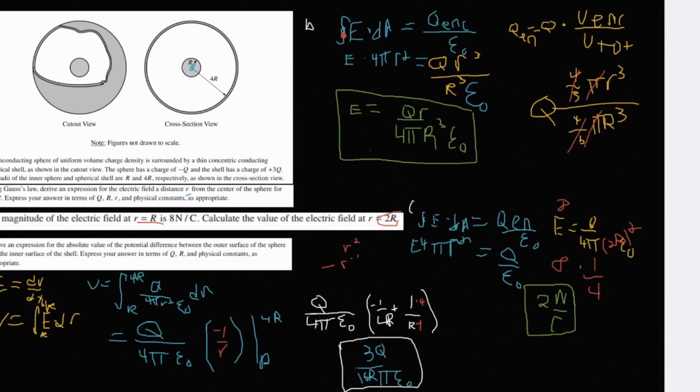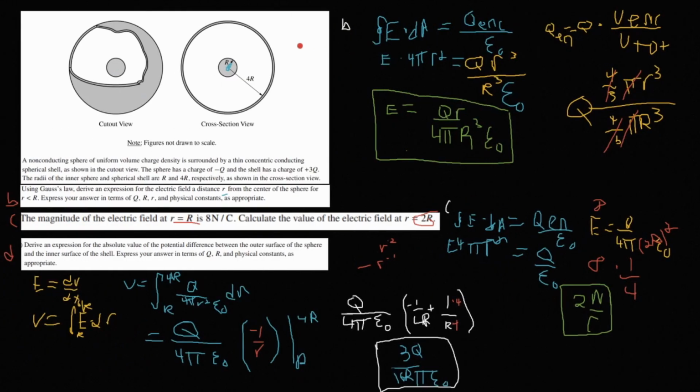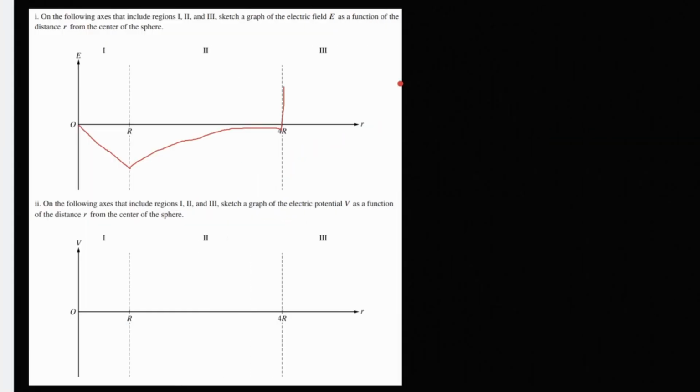And then after 4r, it's going to have a positive electric field, because the net charge is 3, and so it's going to jump up. And then it's going to decrease again as a function of r squared, because then we could start treating it like a point particle.